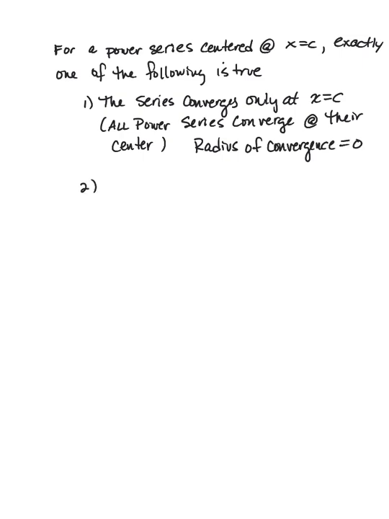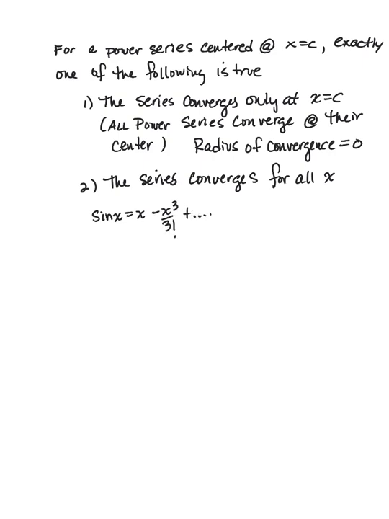The second case is that the series converges everywhere, for all x. That, for instance, is when we have sine x equals x minus x cubed over 3 factorial.